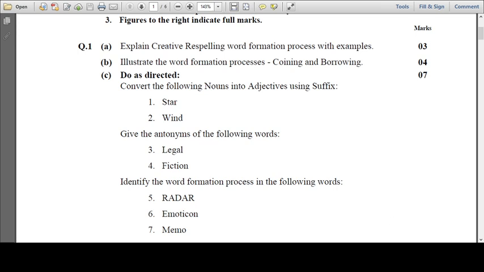I'm going to write it in the comment section so you come to know. First one is windy. Second is starry.